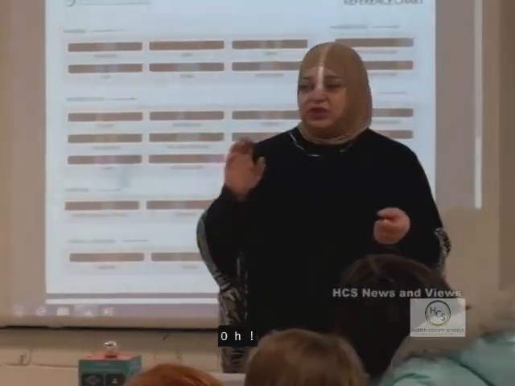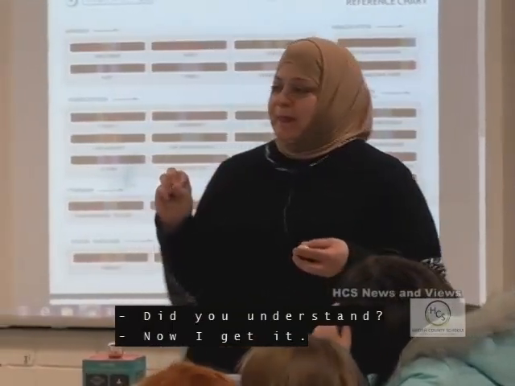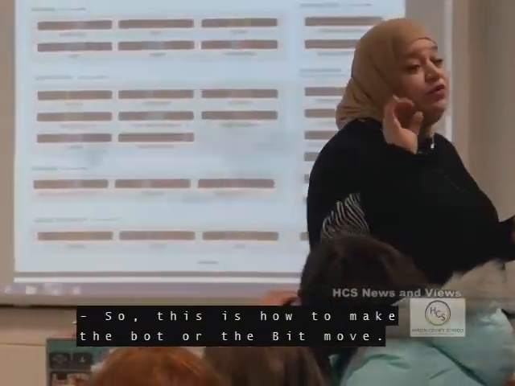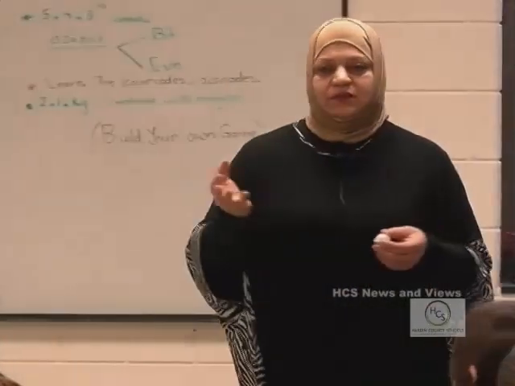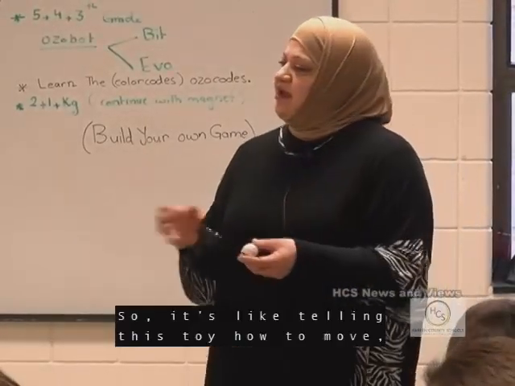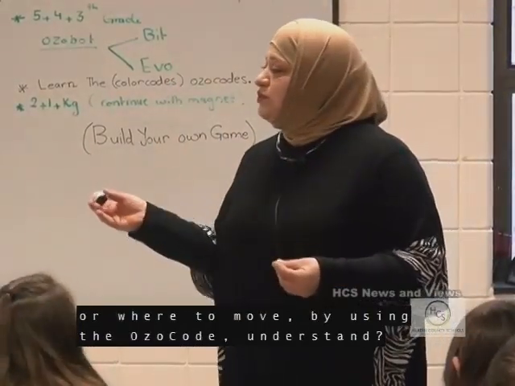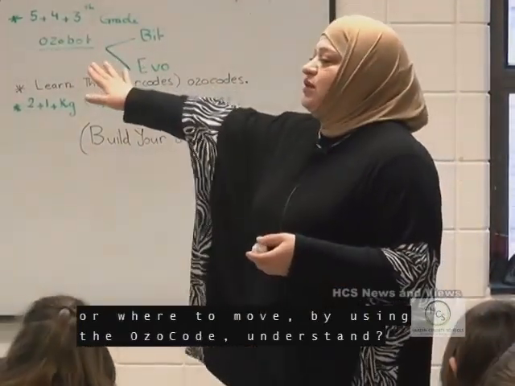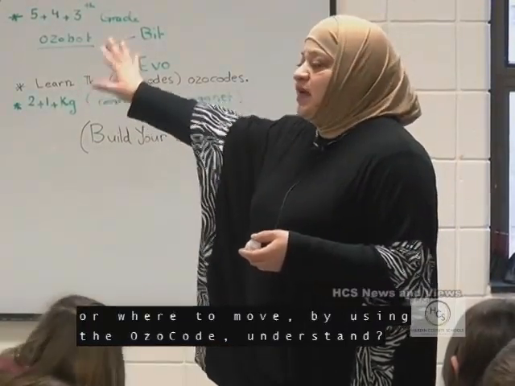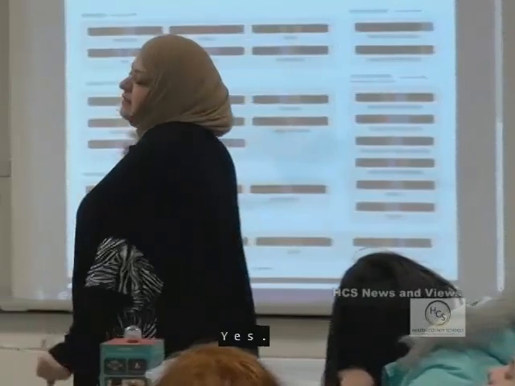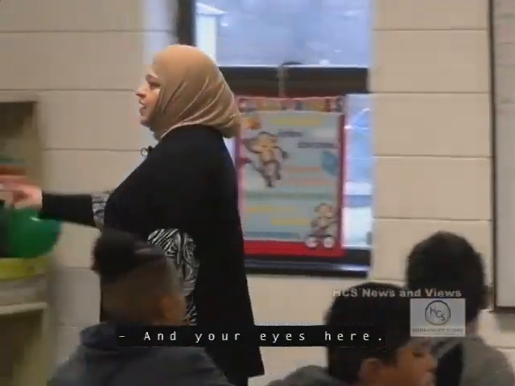Did you understand? Now I get it. So this is how to make the Bit move. It's like telling this toy how to move or where to move by using the Ozo code. Understand? Yes. But is there any rule for how to draw these codes? Yes.